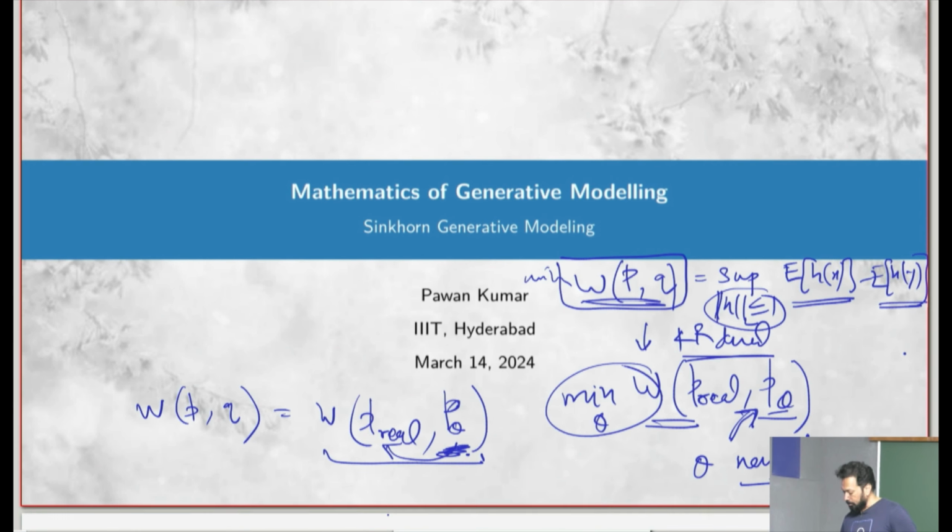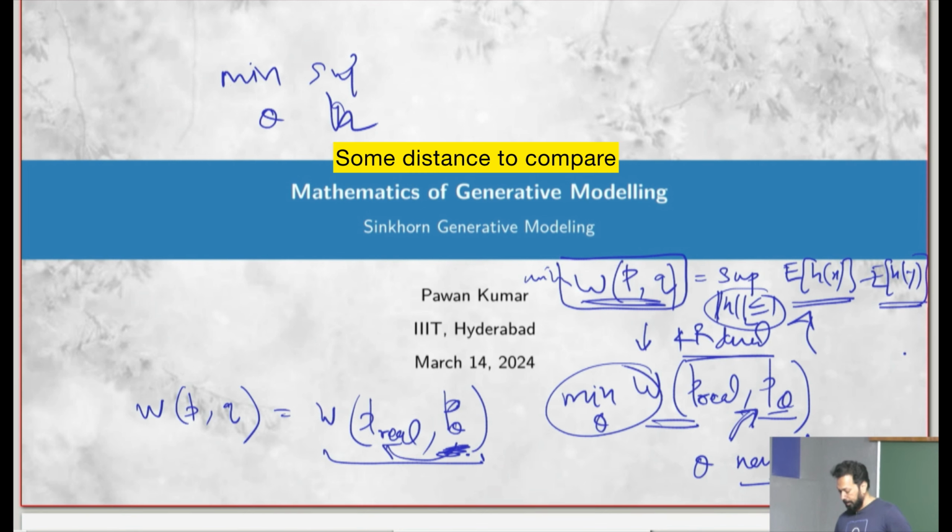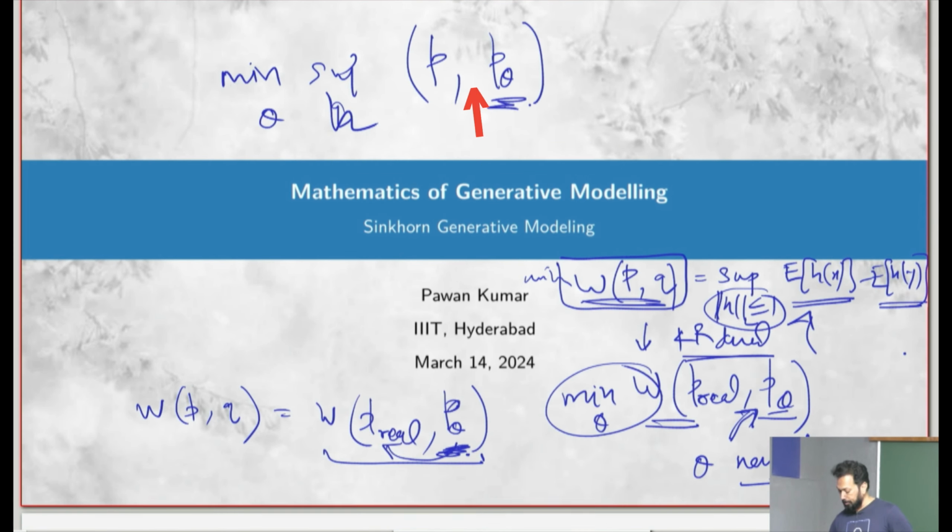So it's sup and then min, or you can say inf over theta, and P is the real one. You are looking for the supremum over H, and then you are trying to minimize this over P, and Q is P theta, parameterized by a neural network. So the other distribution.